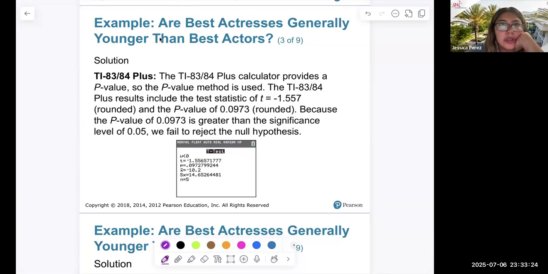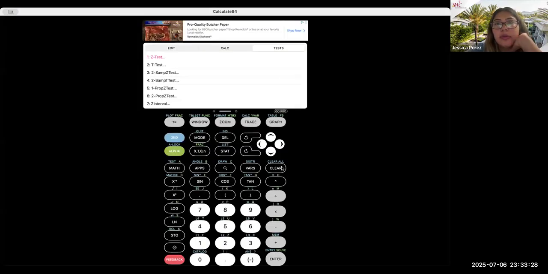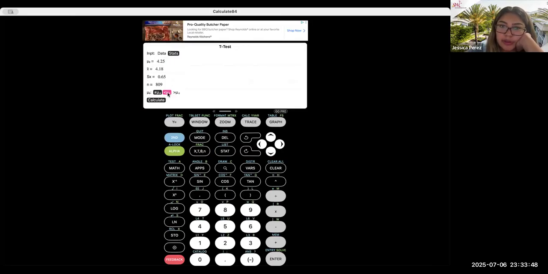let me share my screen. So if I want to use this formula, I'm going to go to second, let me quit. You're going to go into stat, tests, t-test. So you're inputting the mean, the x bar, and this is your alternative hypothesis, less than.